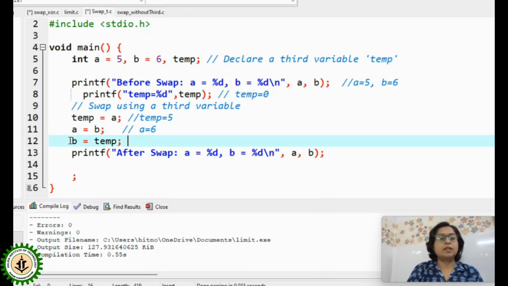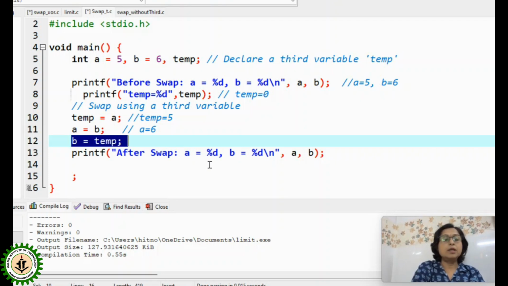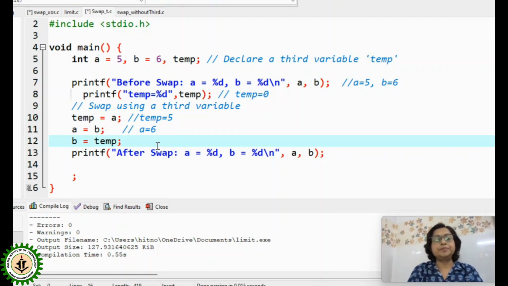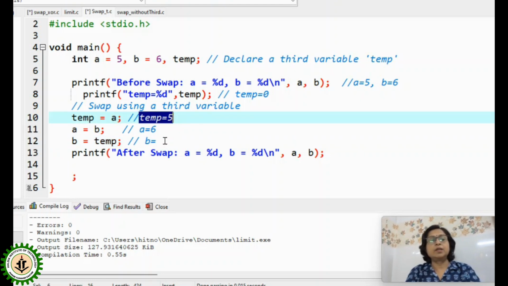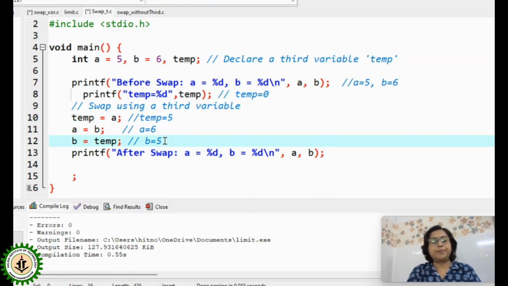Next, line number 12. Here B is assigned the value of temp. Now what is the value of temp, students? 5. So B will have 5.